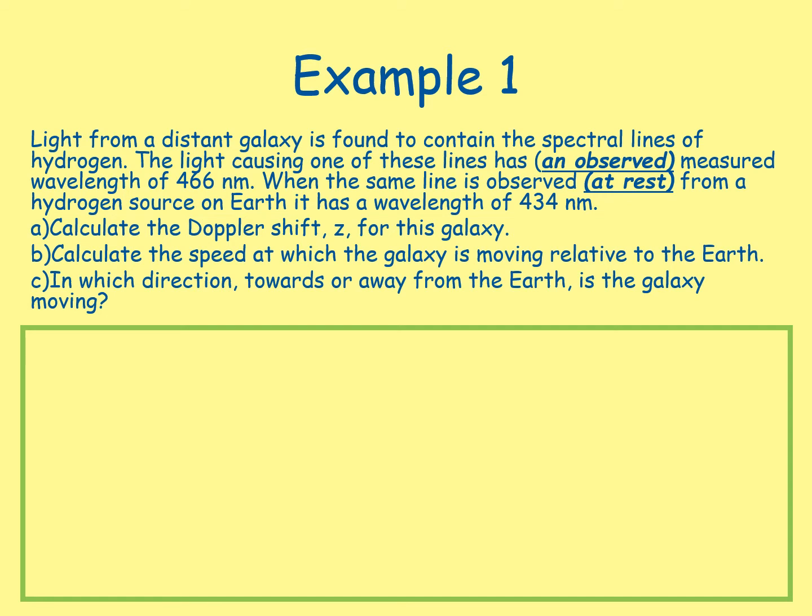Let's try A first. Let's write down what we know and what we don't know. Our observed wavelength is 466 nanometers. Our wavelength at rest is 434 nanometers.